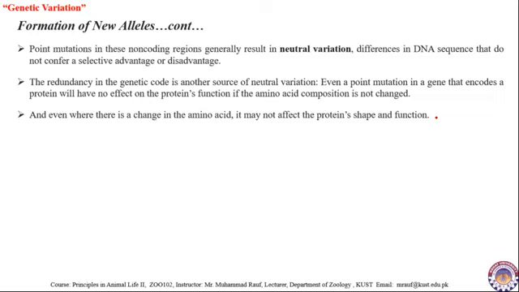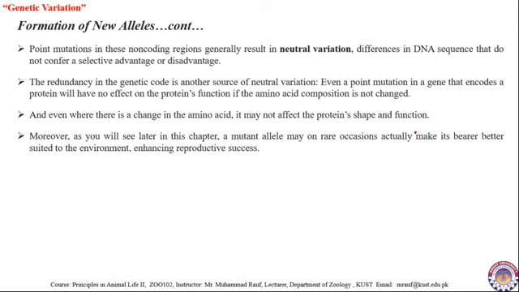So sometimes a mutation brings about a change in a codon, and the codon starts representing a different amino acid, but this different amino acid is luckily of the same chemical category as the original amino acid, so it doesn't have any effect on the protein shape and function.